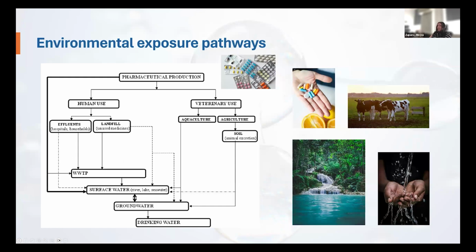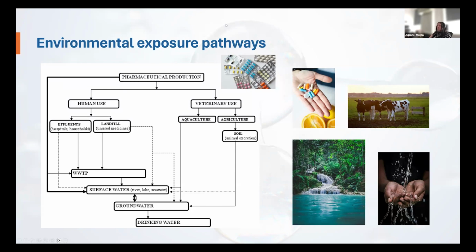So what are these environmental exposure pathways through which they can enter the environment? We can have a direct or indirect input. Examples of direct input are after veterinary use, where they are used for therapy in aquaculture or agriculture, and from here they can enter the surface or groundwater directly.